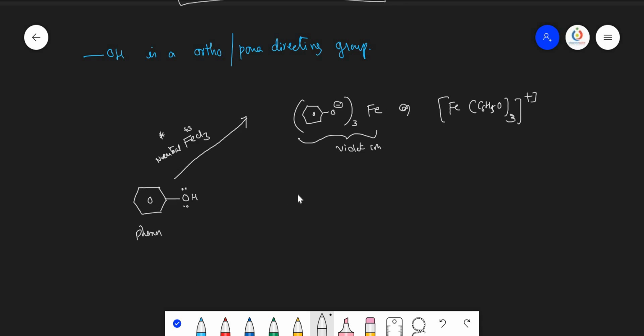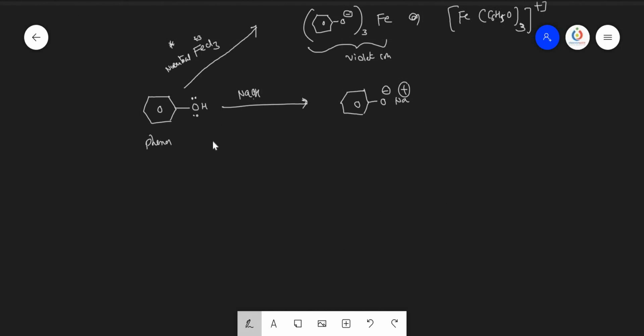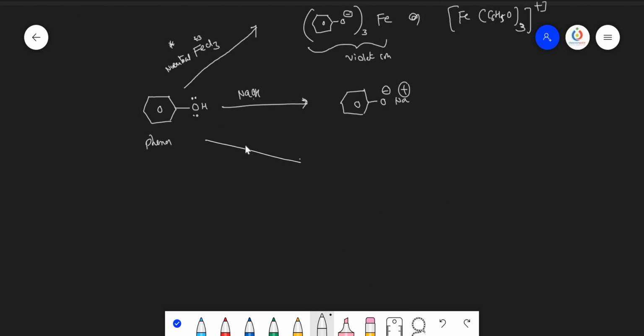So remember that. And phenol, when subjected to NaOH, since NaOH is a base and this is an acid, forms the phenoxide, sodium phenoxide. And phenol, when subjected to CH2N2, diazomethane, in the presence of sunlight.